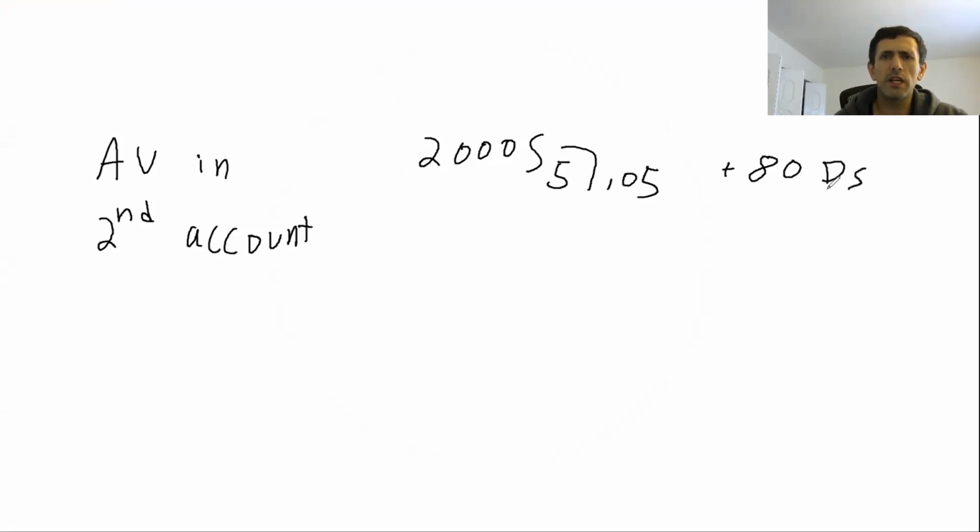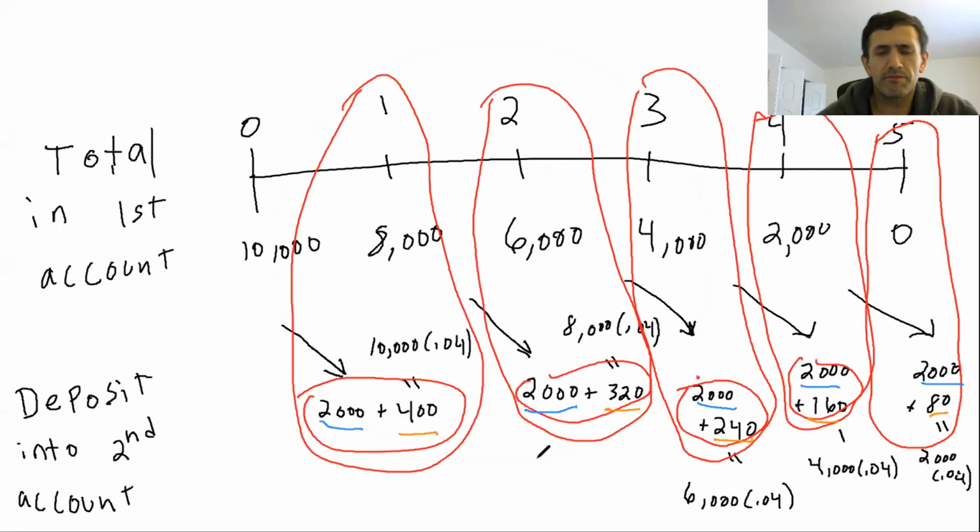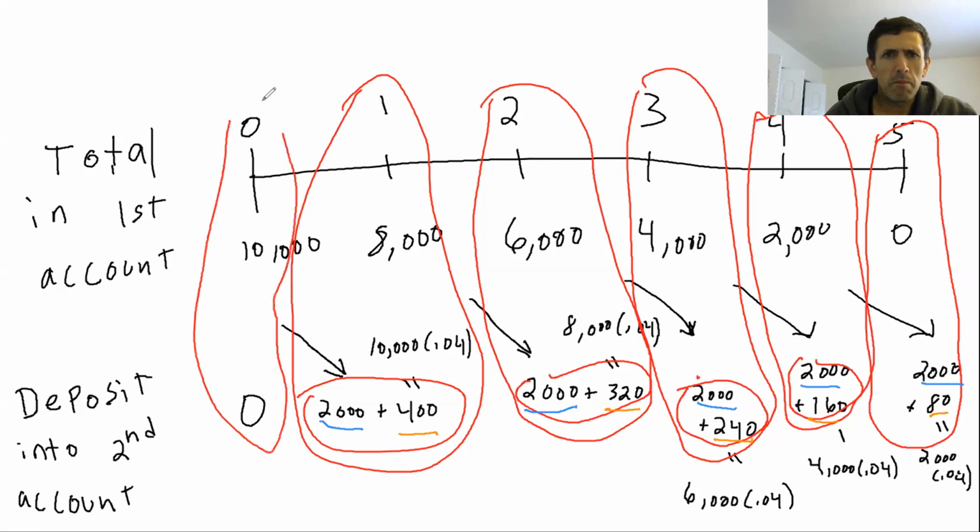It's an annuity immediate because payments start at the end. Payments are at the end of each year, end of the first year, second year, third year, fourth year, fifth year. So immediate annuity situation.